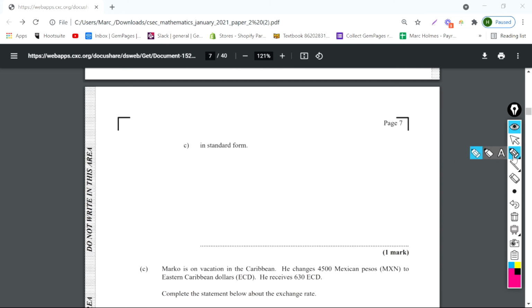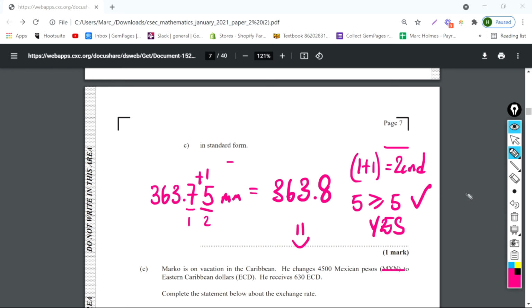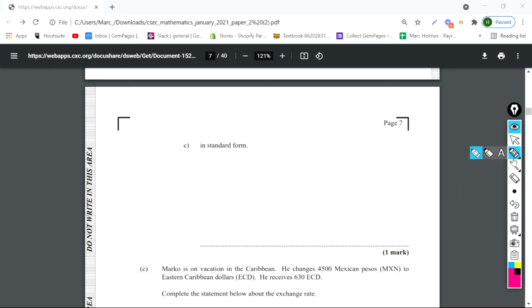So guys, remember it's the same thing, we need to change 363.75 to standard form. How do we put it in standard form? Remember, for standard form, you want the number between 1 and 10. So we need this number, this 363, to be between 1 and 10.